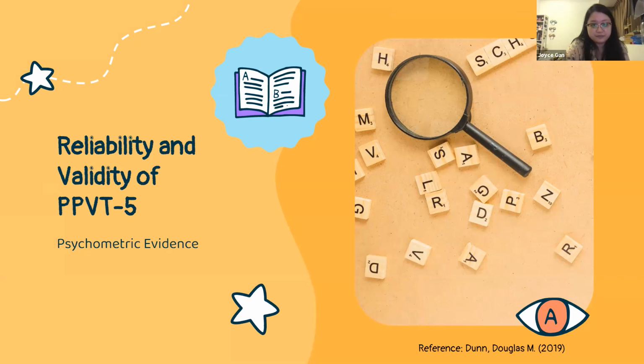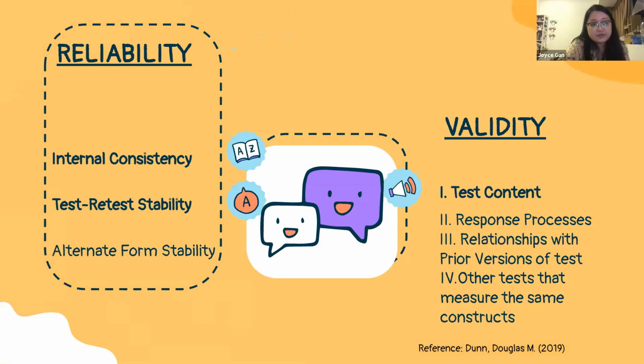Next slide, please. So psychometric properties that are critical to interpreting test scores include reliability and validity. Reliability in scores is demonstrated through reliability coefficients, including internal consistency, using standard errors of measurement and confidence intervals, as well as stability, either alternate form stability or test-retest.